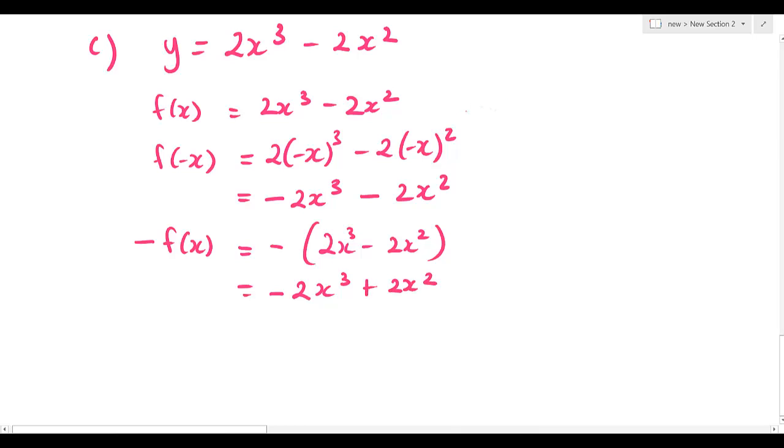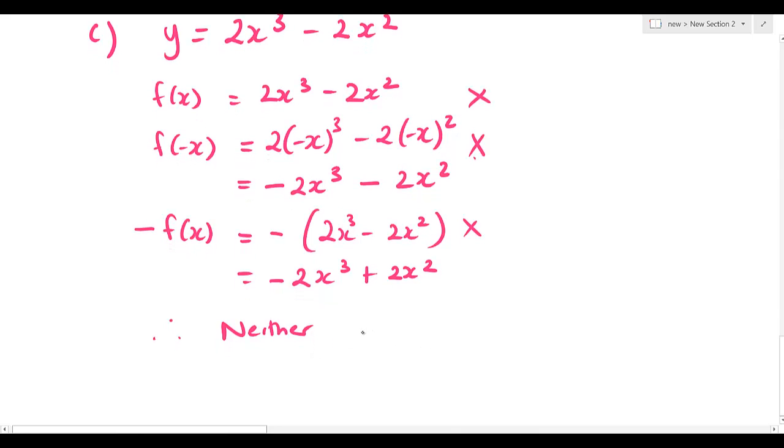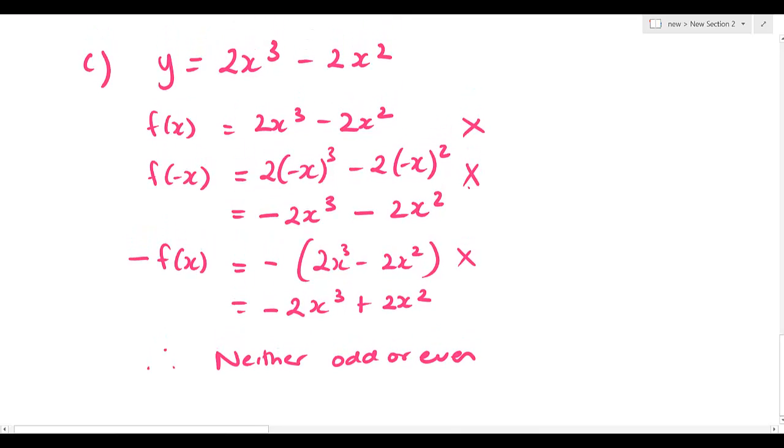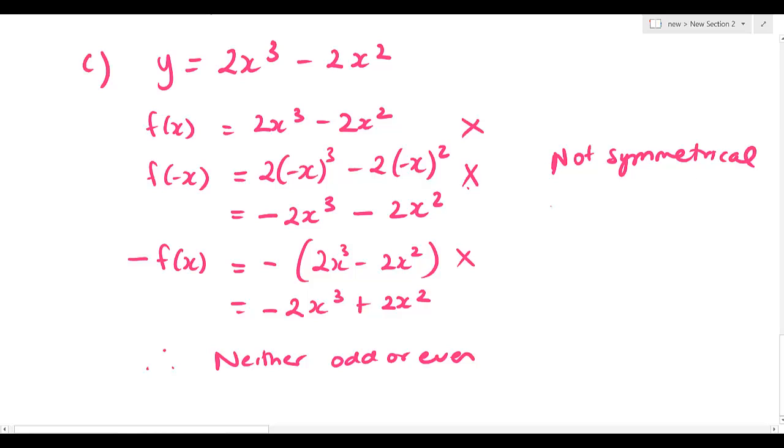And you can see that none of these three functions are the same. So this function is neither odd nor even. So that tells me that this graph is not symmetrical, and not rotated 180 degrees about the origin.